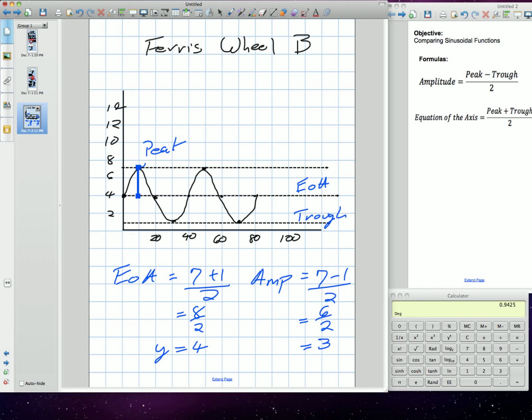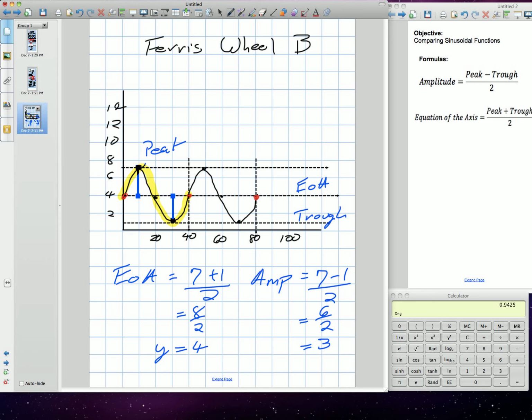We've got to find the period of this function. It starts at 4. It comes back to 4 after 20 seconds, but not in the same way. Goes down and comes up again. Our period lasts 40 seconds in this question, same as the other one we had just done before. So it turns out this one goes through 2 cycles. This one ends at 80. We have our period, amplitude, equation of the axis, peak and trough.